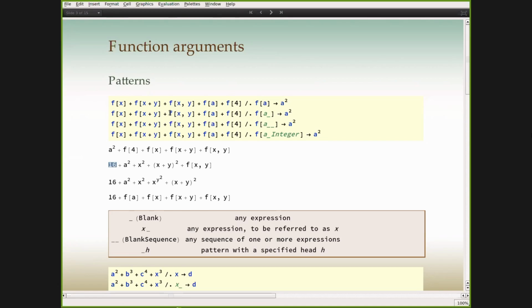The only thing which was left unchanged is this f of x, y, because it doesn't fit this pattern. There should be a single element which we will call a, but here there is no single element in the function call, there are two elements. So this f of x, y was unchanged.